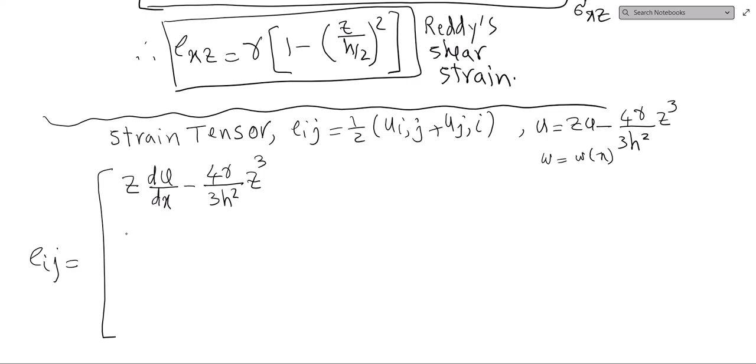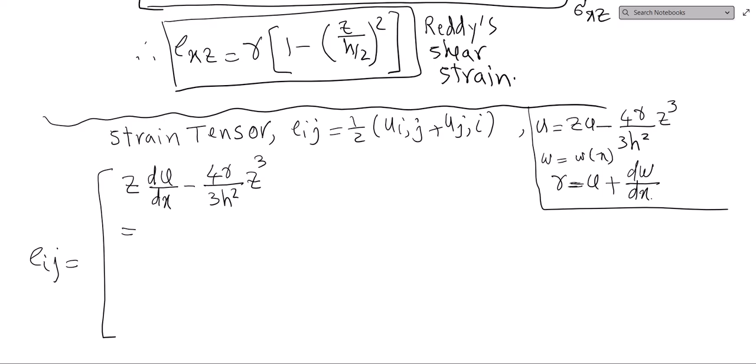This turns out to, if I write gamma and I write these quantities for our reference here, gamma is phi, the rotation of the cross-sectional plane, plus the slope at a given x.